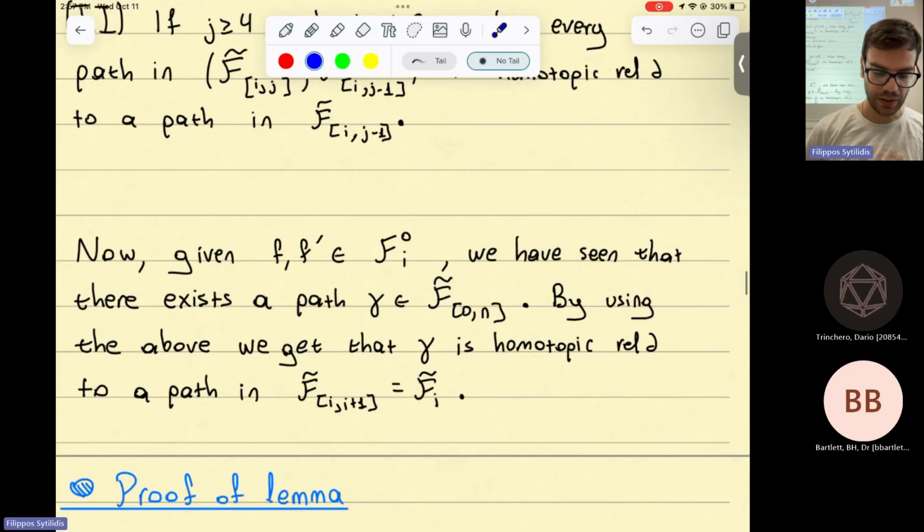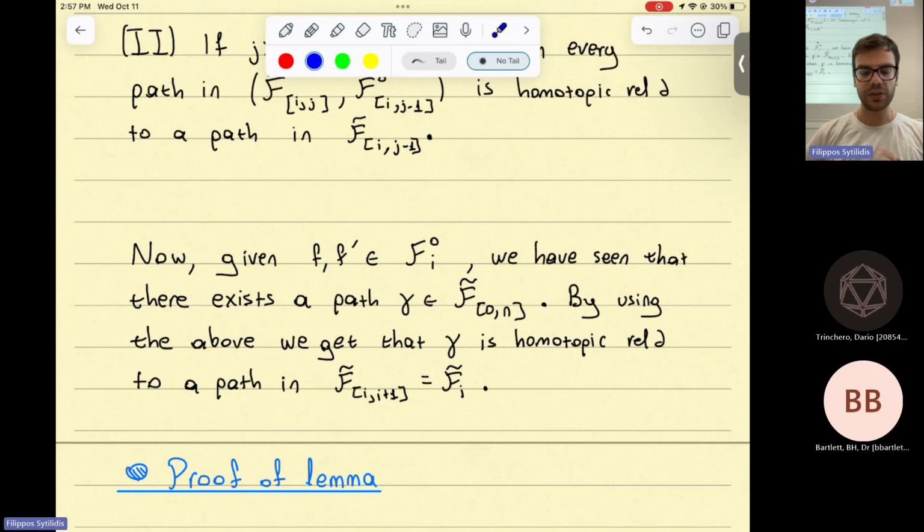And then the idea is, if you give me two functions in F_i,0, well, there is going to be an ordered path between them, right? That's what we saw last time. An ordered path, I mean, I'm not making any restriction on what indices show up for the critical points. So an ordered path is going to live in F tilde sub 0,n, because that's the range of critical points I can possibly have, from index 0 to index n.